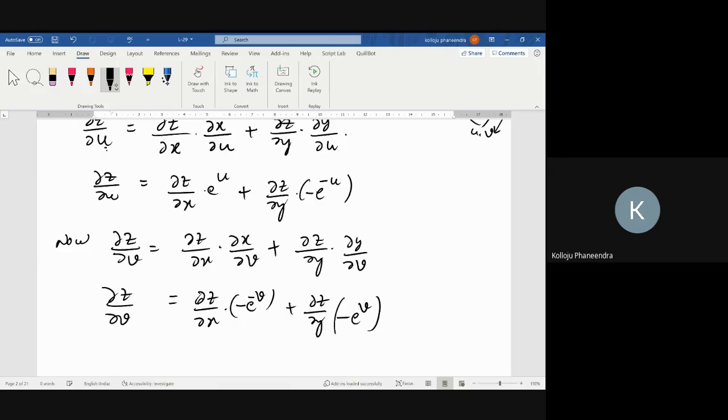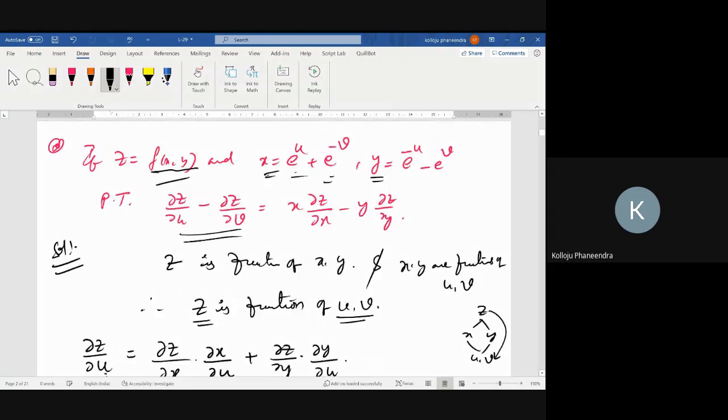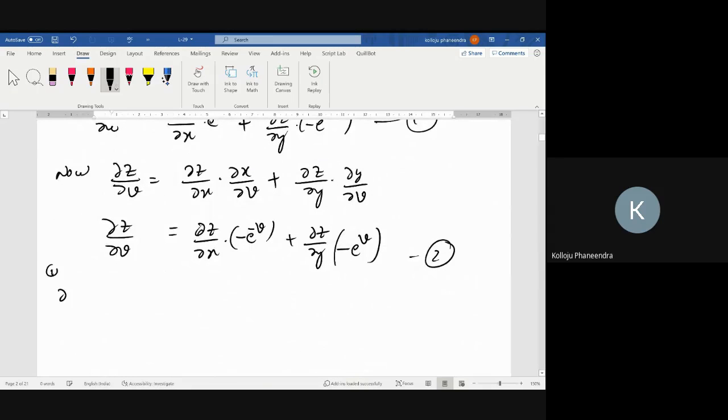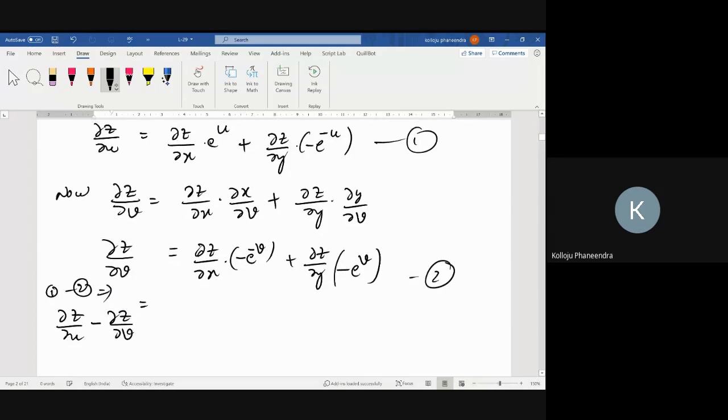Take this as 1, this as 2. And what is the required one? Subtraction. Okay. Now, 1 minus 2 implies ∂z/∂u minus ∂z/∂v equals, what is the first one? Equals ∂z/∂x e to the power of u minus ∂z/∂y e to the power of minus u minus ∂z/∂x e to the power of minus v minus ∂z/∂y e to the power of v.